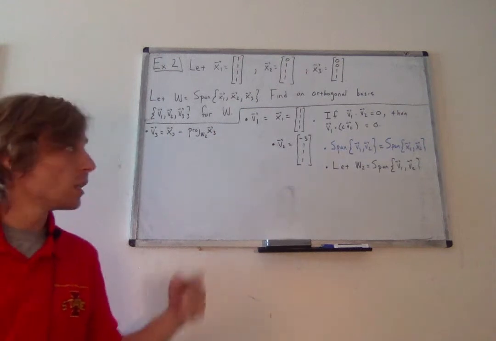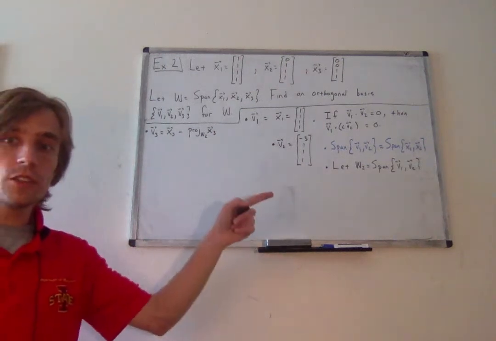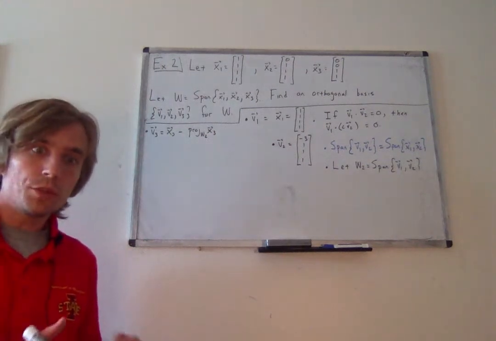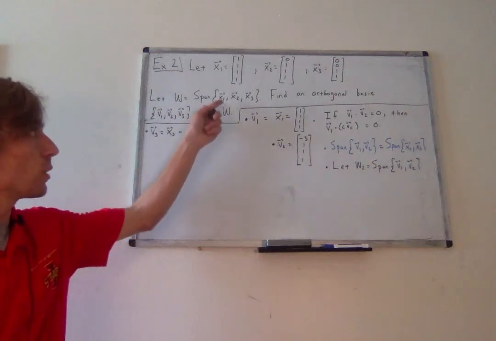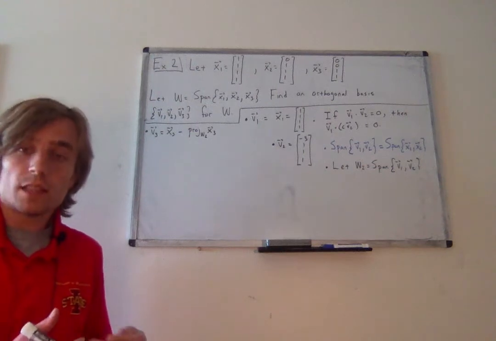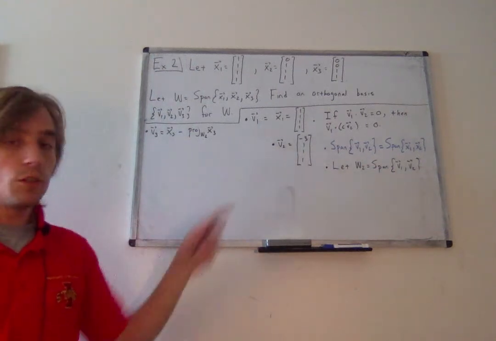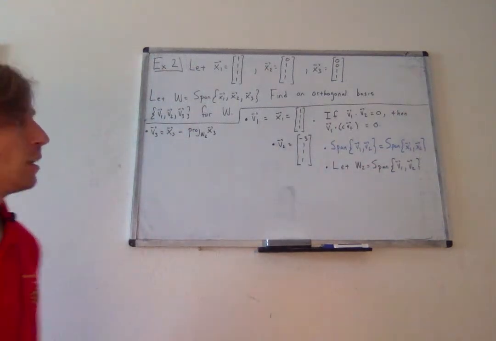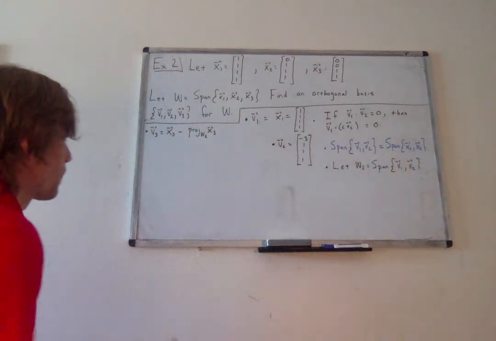And again, notice the way I'm calculating all of these vectors are ultimately just linear combinations of my original three basis vectors. So these will ultimately span the same set while still being orthogonal. So why is this a hard problem?